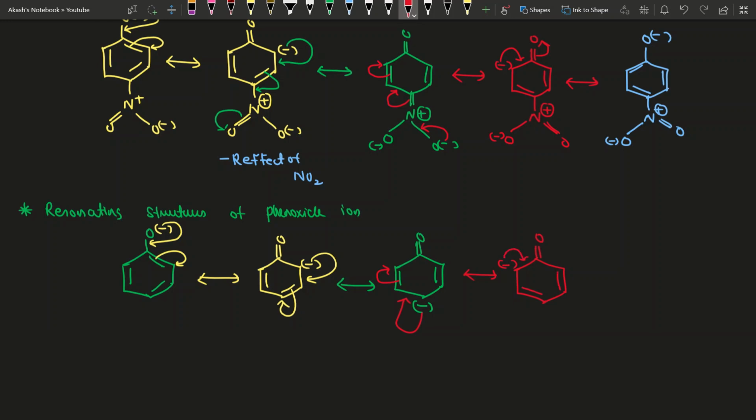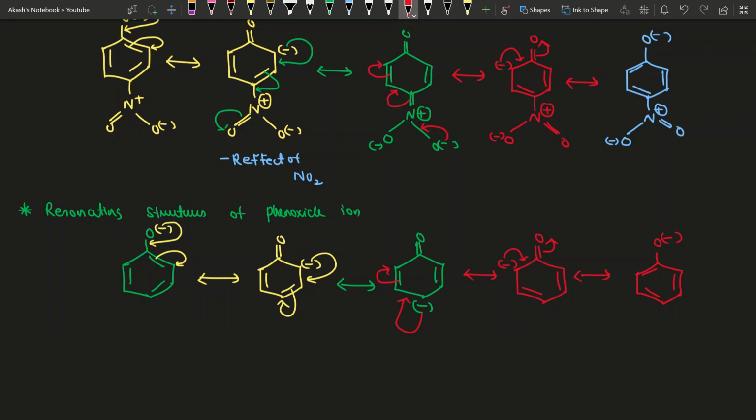Last step. When you consider the resonating structure of the phenoxide ion, the negative charge is accumulated at the ortho and para positions, but there is no group to withdraw that negative charge density.